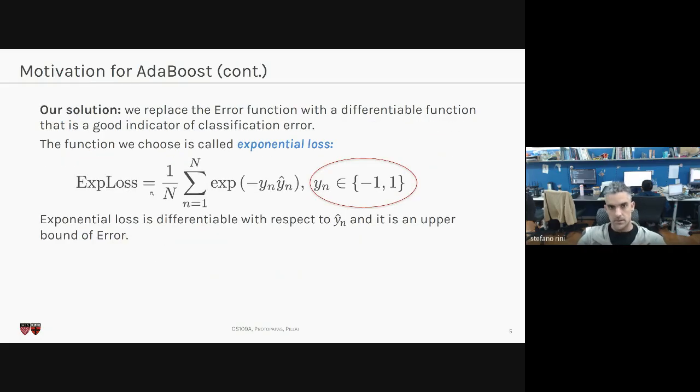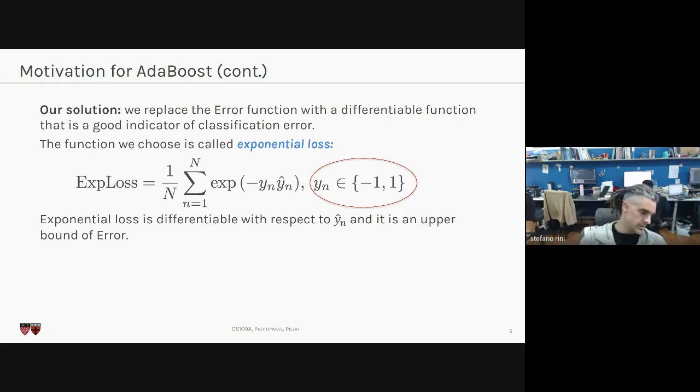So our solution, as always, is to put the error function into an exponent. Now we have y times y hat, and then we sum the exponent of y times y hat. Of course we do the mapping to -1 and +1, so that correct predictions always give you a 1, then you put the minus in front, so you get e to the -1, and wrong predictions give you a -1, which becomes a +1, so an exponent of +1.